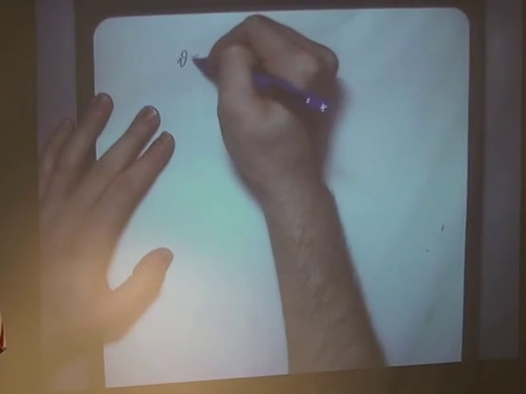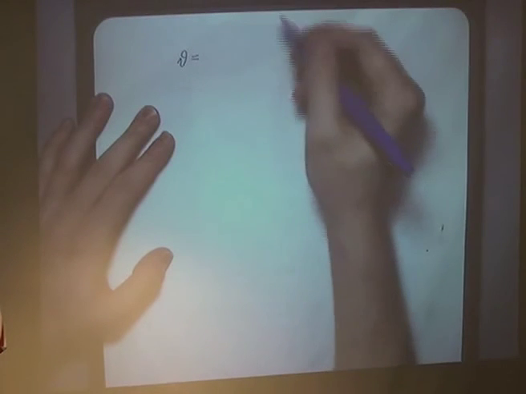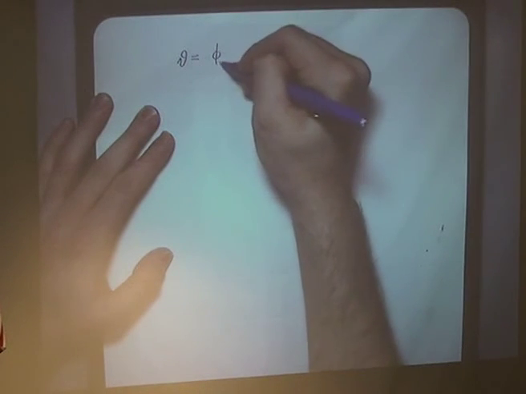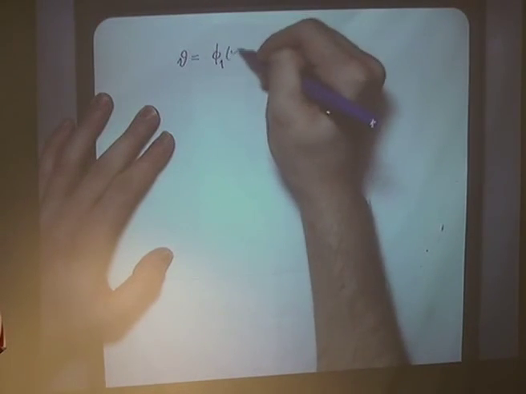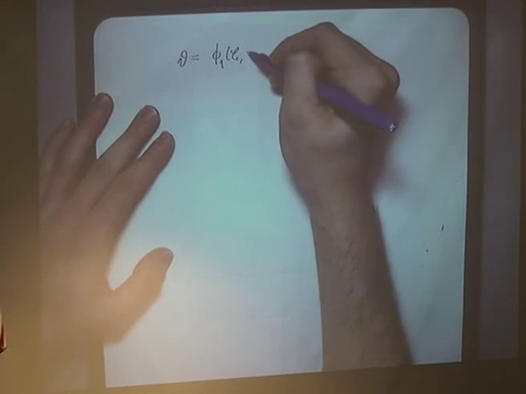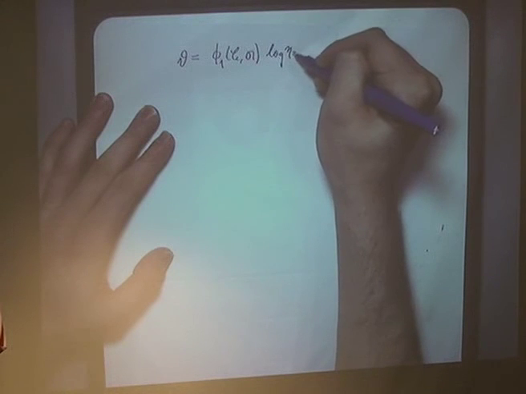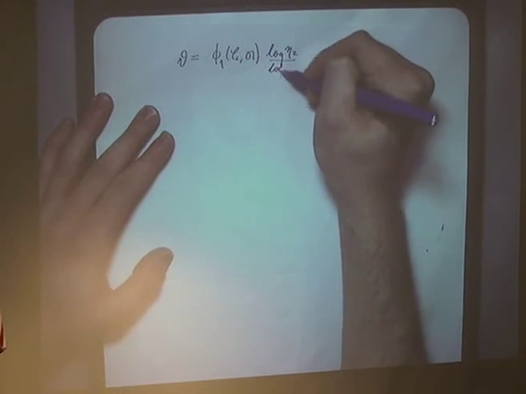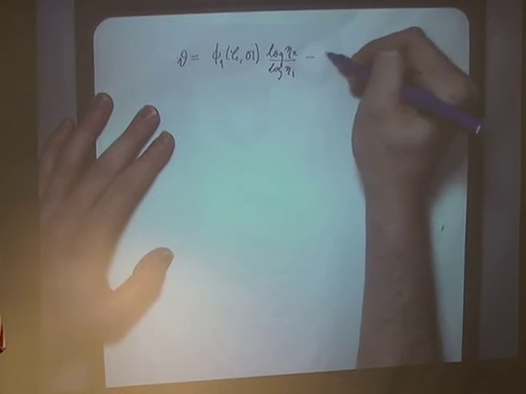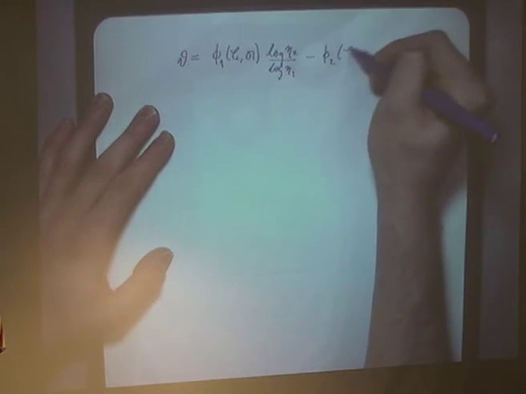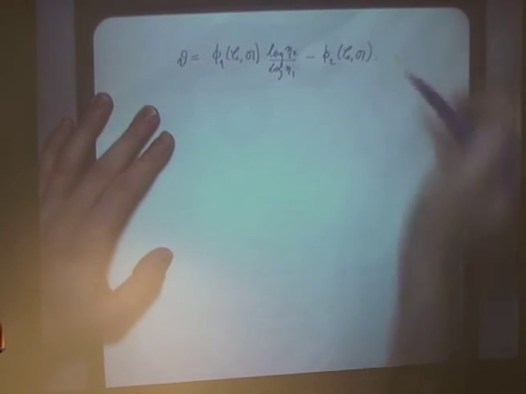All right, so I won't have time to justify these two claims, but I'll give you the definition. So we'll define theta to be phi1 of CA times the logarithm of eta 2 divided by the logarithm of eta 1 minus phi 2 of CA.